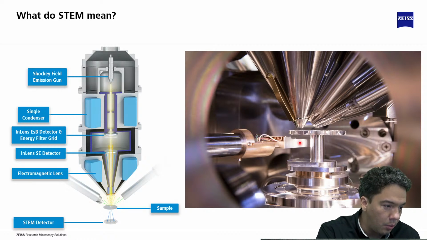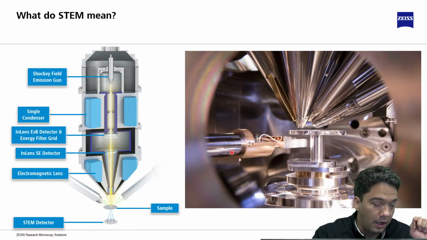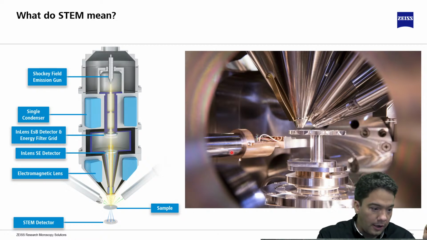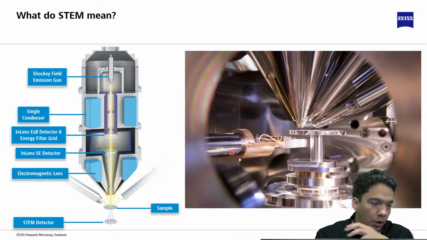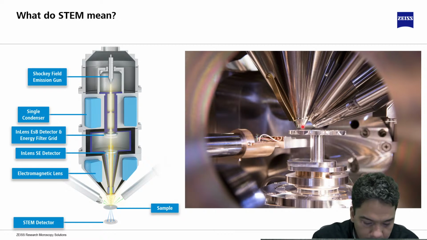And here we have the STEM detector. This STEM detector is pneumatic, it's automatic. You only have to click in your software, in your user interface, and this will automatically bring the detector under the samples, perfectly aligned with the beam, and it's easy.